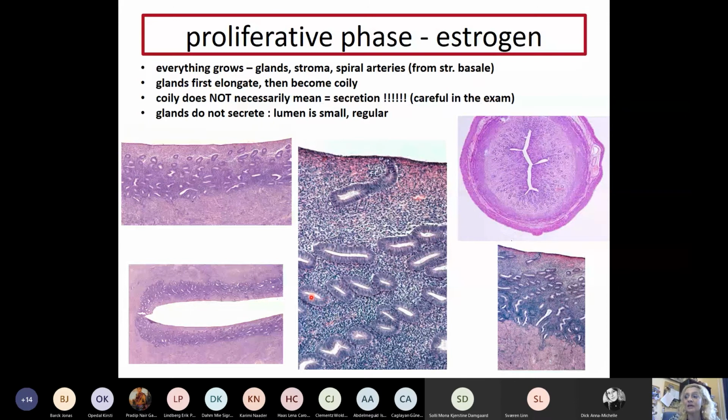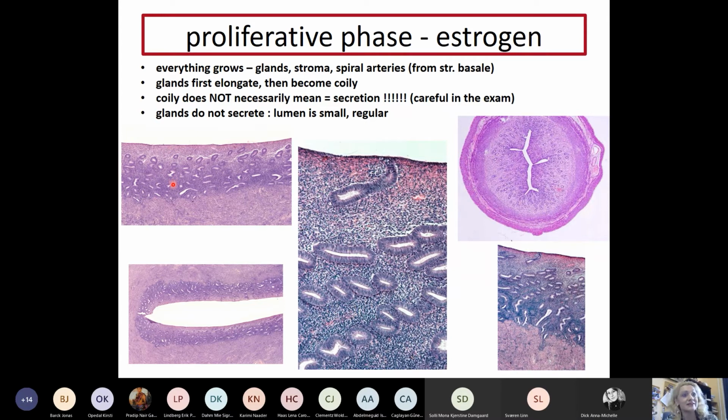It's not the same. So if there are coiled glands and we make a section, then you see the glands like this in the section. But the lumen is small and regular. You can see that there is a regular lumen. And so the cells do not show any signs of secretion. And plus, the stratum basale here looks the same as the stratum functionale.